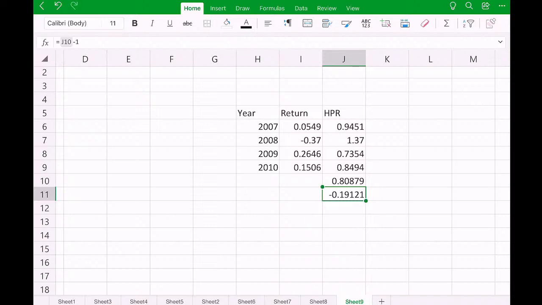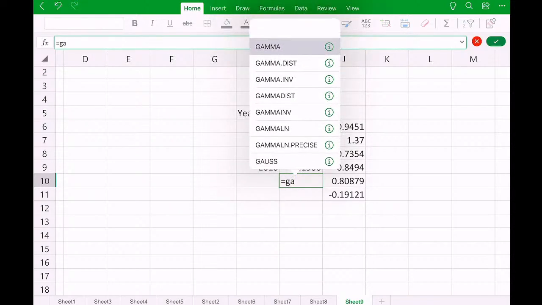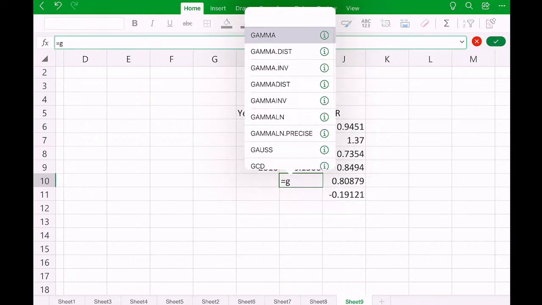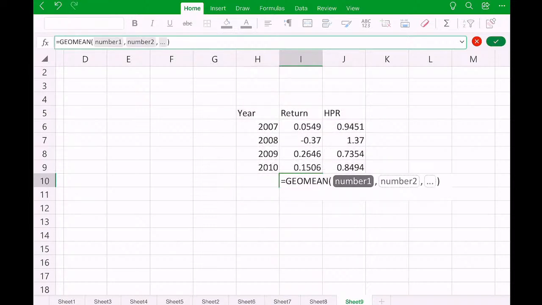Let's see if I can do geometric average return in Excel. I think Excel froze. Okay. Let's see if I can do equals geometric average return. No. Geometric mean. Okay, that would be it.